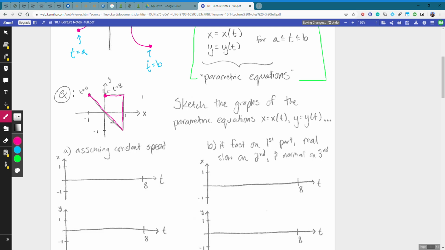And let's take a second and try to feel out what these parametric equations graphs will look like, right? x and y are functions of time.